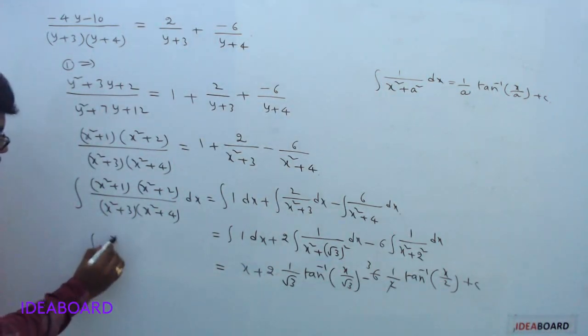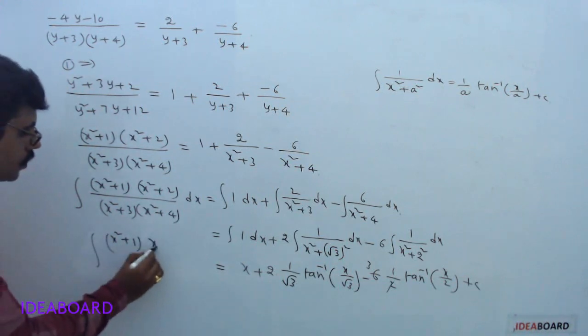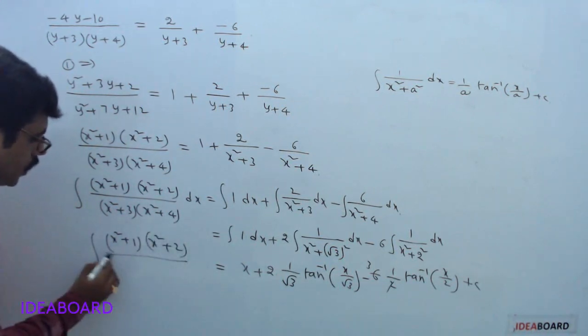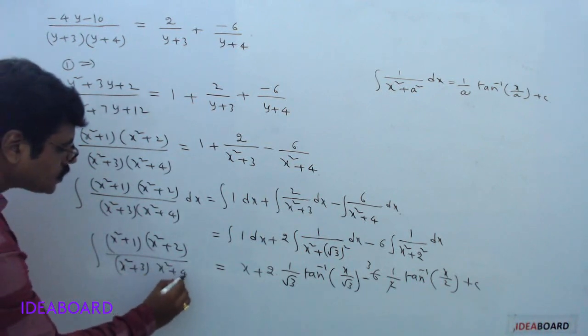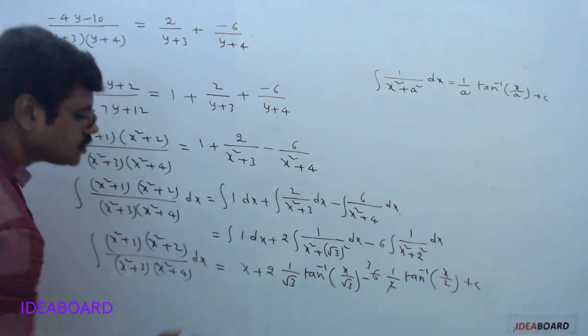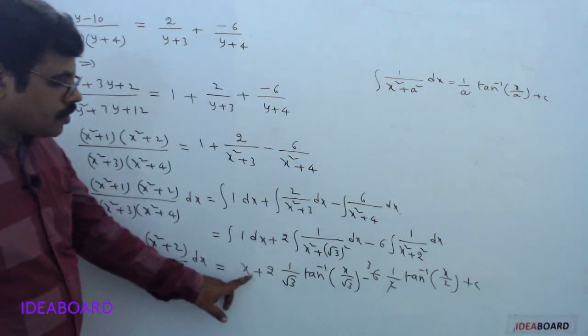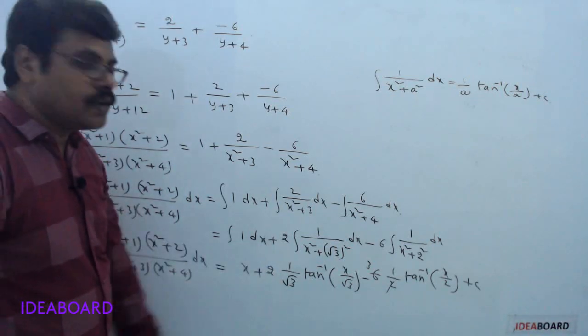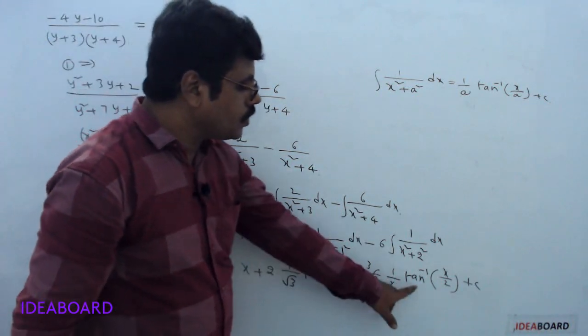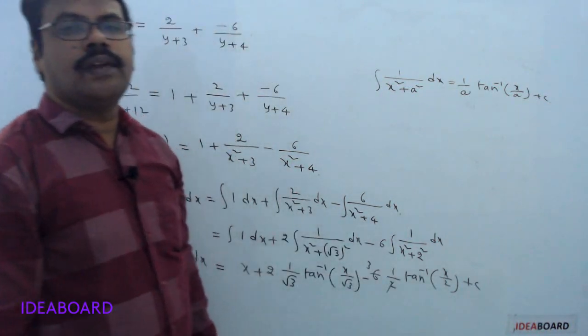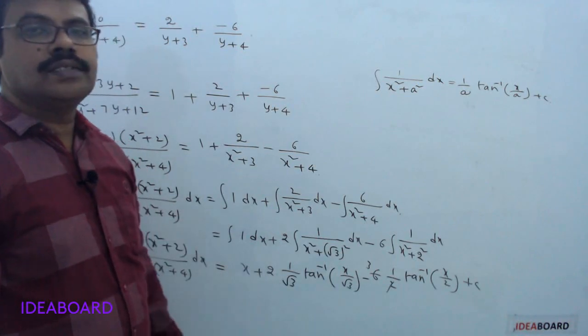Integral (x square plus 1) into (x square plus 2) divided by (x square plus 3) into (x square plus 4) dx equals x plus 2 divided by root 3 into tan inverse of x by root 3 minus 3 into tan inverse of x by 2 plus some constant c.